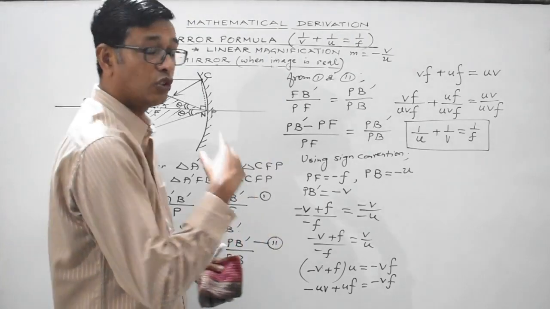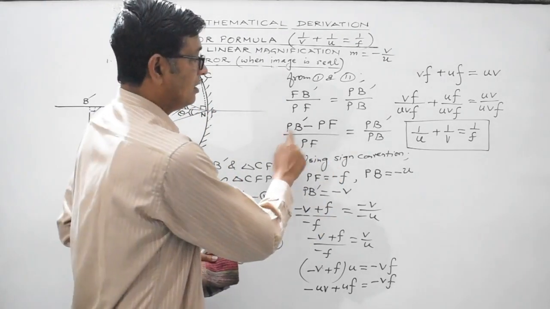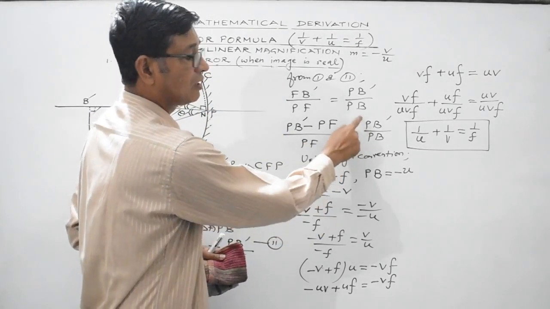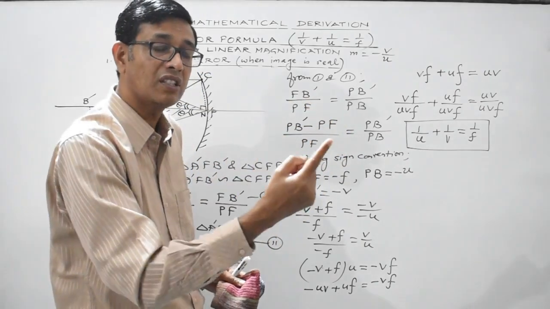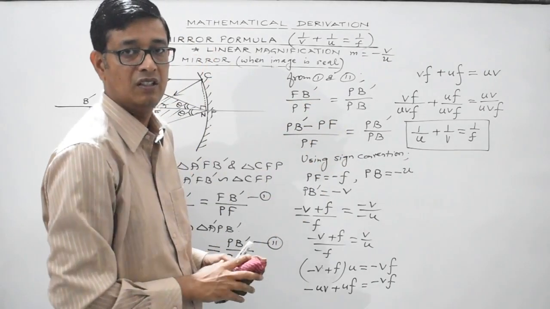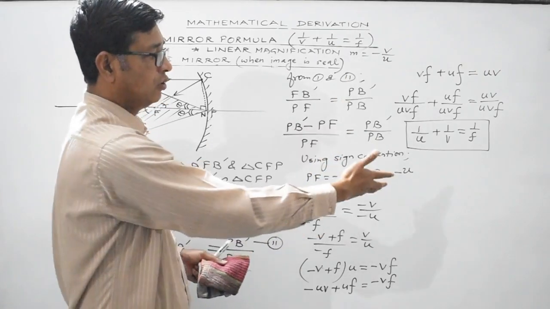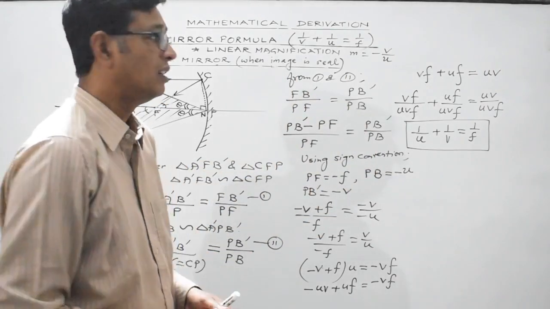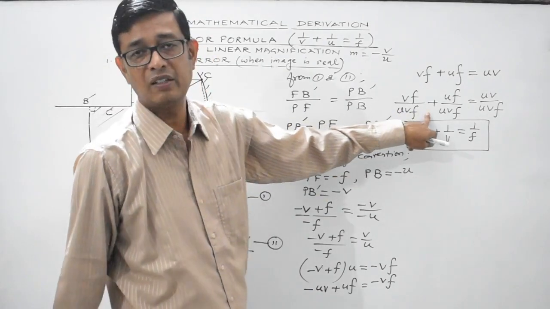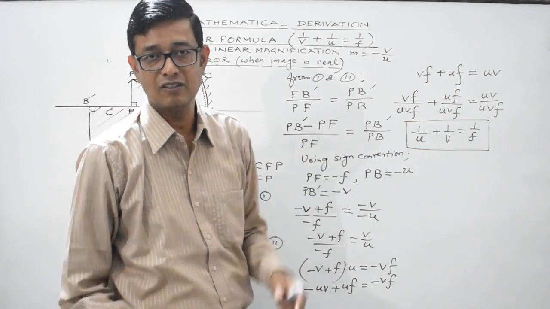And thereafter also you need to ensure that all the terms must start with letter P because distances are to be measured from the pole of the mirror. And in the last step, make use of sign convention. And thereafter just you need to solve it mathematically and in the last step, divided by UVF, you will arrive at the result, right?